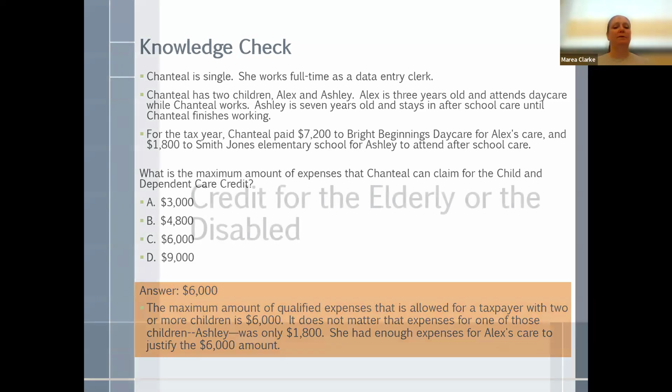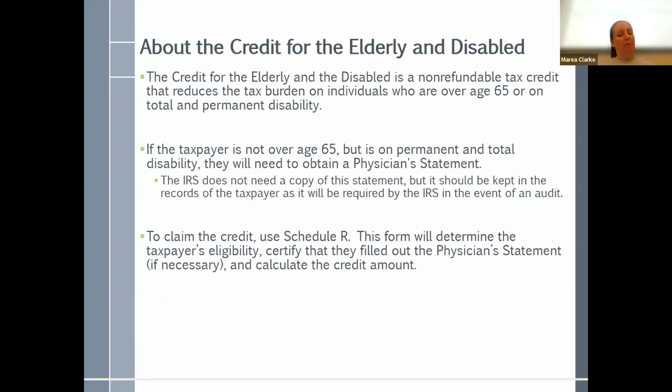All right, we're going to skip this for time purposes. Credit for the elderly or disabled. We probably won't see a lot of these, but it's theoretically possible that we would. Basically, it's a non-refundable tax credit that reduces the tax burden on individuals who are elderly, which is defined as over age 65, or on total or permanent disability.